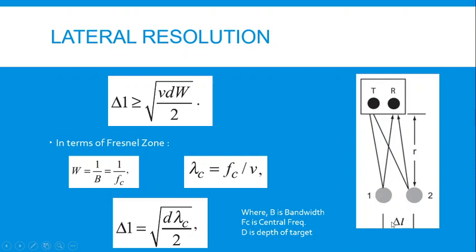If delta L is not large enough, if delta L decreases, then we can say that the resolution is decreasing. If delta L is well defined, if both targets 1 and 2 are separated enough for the pulse used, using the wavelength lambda divided by 4 factor, then this is a well resolved resolution for any GPR antenna.